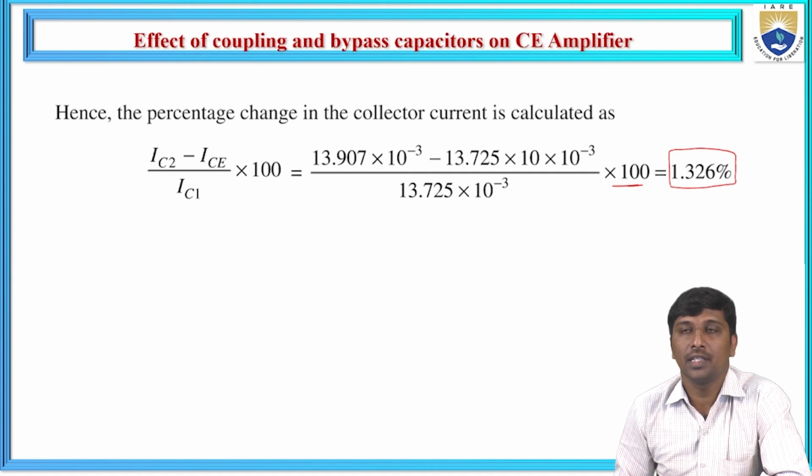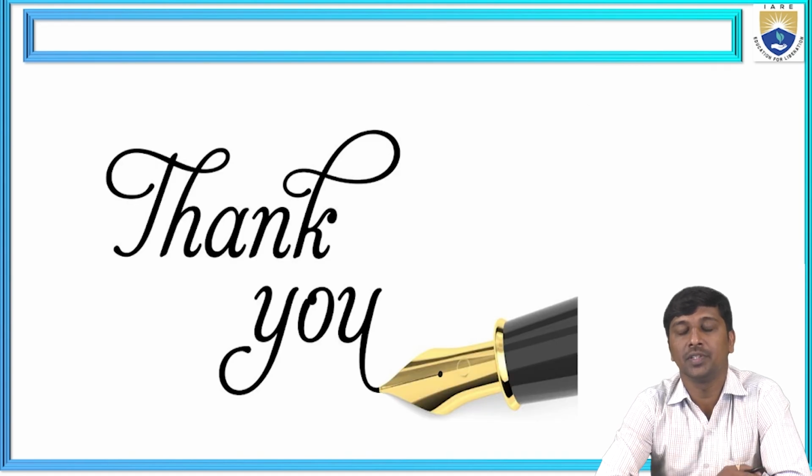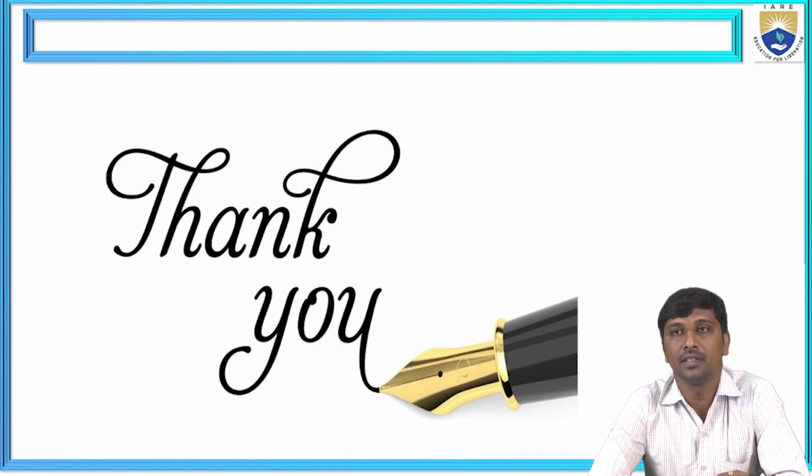Up to this point in this session, we observed what a common emitter amplifier is, and that for the common emitter amplifier we use coupling capacitors as well as bypass capacitors. First we observed the CE amplifier response, and that the common emitter amplifier produces a 180 degrees phase shift with respect to the input signal.